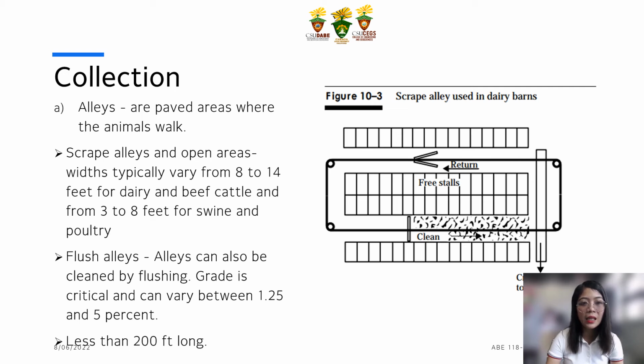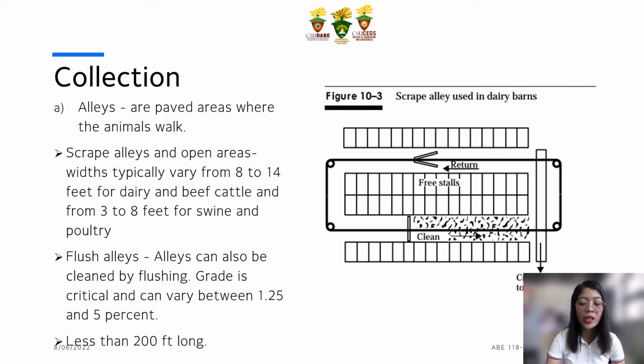So alleys are paved areas where the animals walk. So generally they are arranged in straight lines between animal feeding and bedding areas. And then in the slatted floor, the animals' hooves work the manure through the slots into the alleys below.